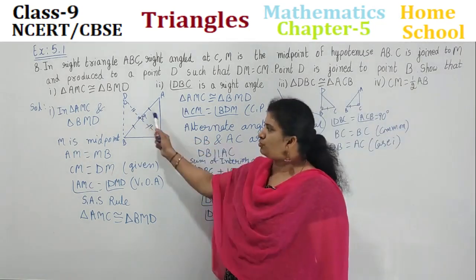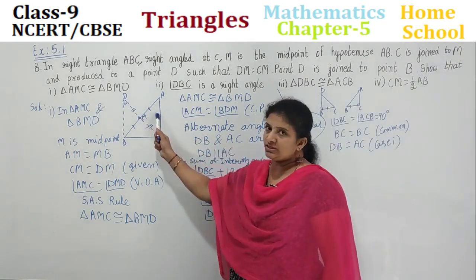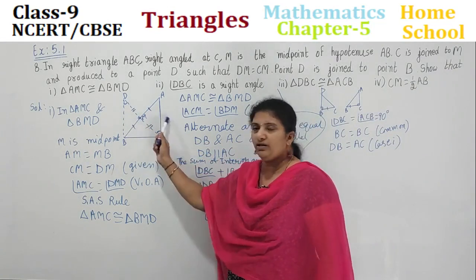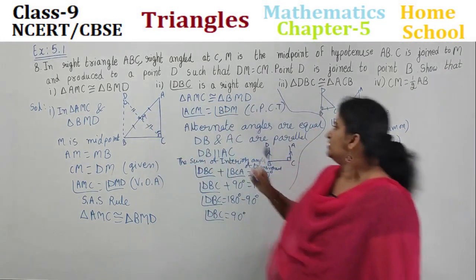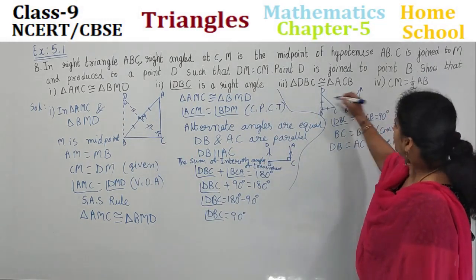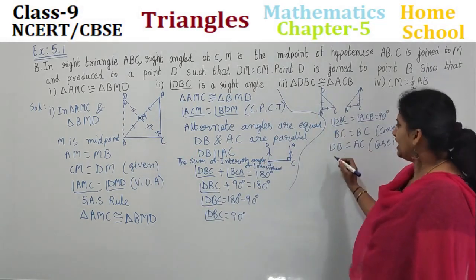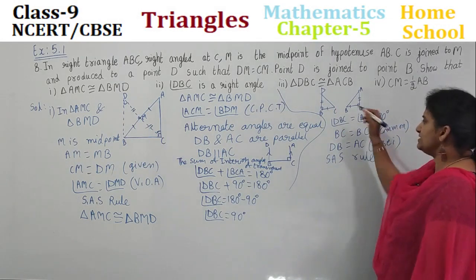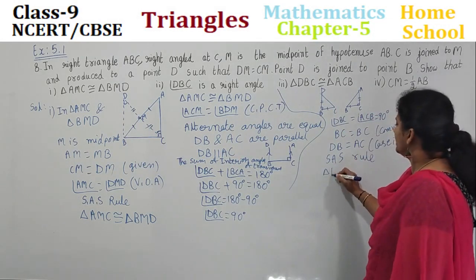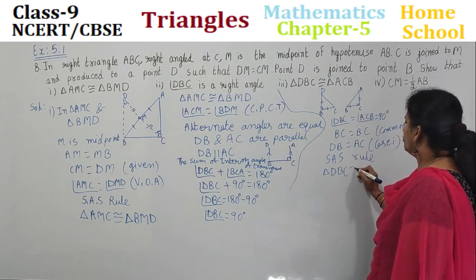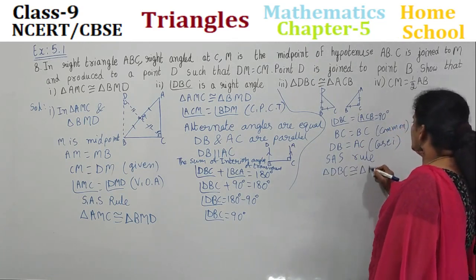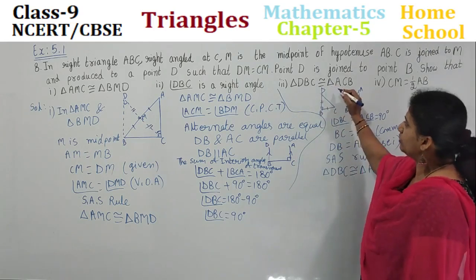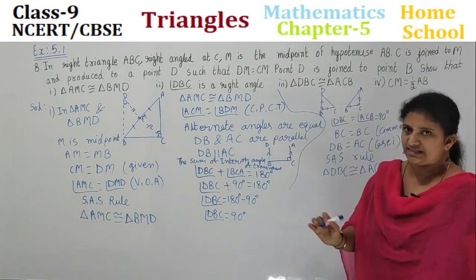So now, with DB equal to AC, again I get the angle-side rule. I can say that these two triangles are congruent. Triangle DBC is congruent to triangle ACB.